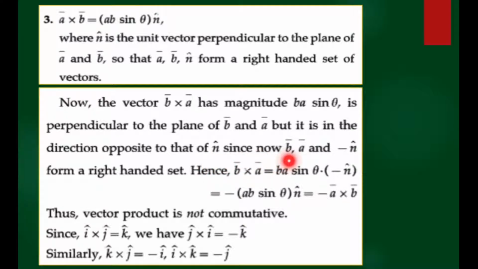Since now b bar, a bar and minus n cap form a right-handed system, hence b bar cross a bar can be written as magnitude of b into magnitude of a, and angle between them is sin theta. Here the unit vector is in opposite direction, so we write minus n cap.